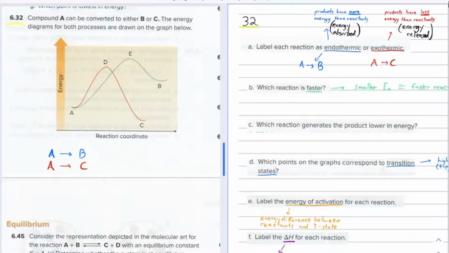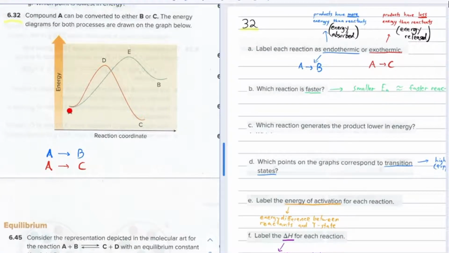All right, what is B asking of us? Which reaction is faster? The faster reaction will have a smaller hill to get over. When you're looking at the energy profile, in order for the reactants to convert into products, they have to get over a hill.